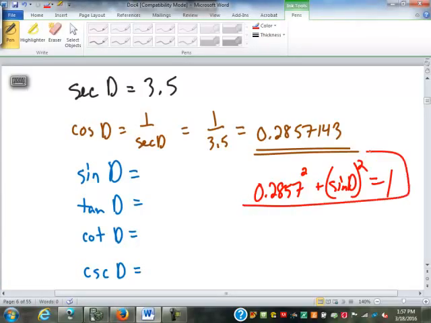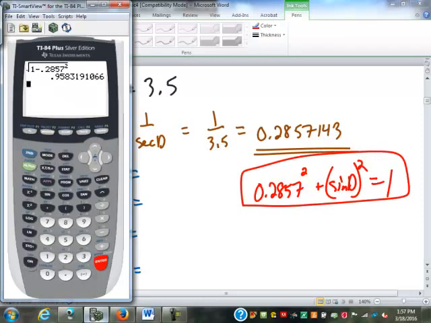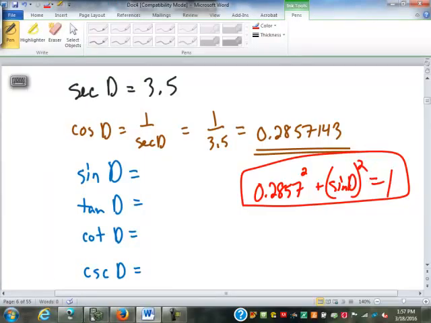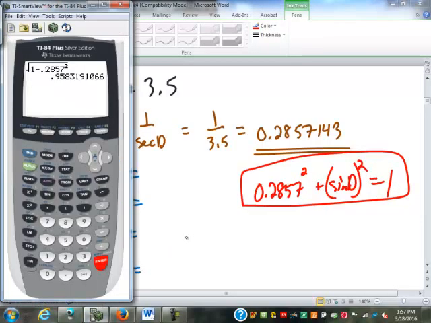Does everybody see how I did that? I just solved this equation, but I did it all in the calculator, so I didn't have to do it step by step. I squared this, I subtracted it from 1, and then I square rooted it. The calculator shows up on the video, right? Yeah. Okay, good. It's 0.9583.